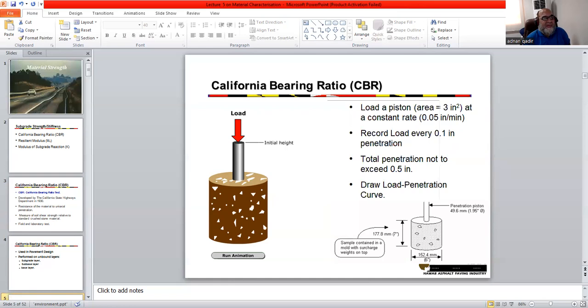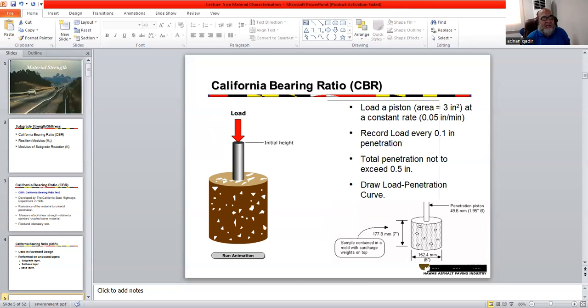Once the sample is prepared in a cylinder, we load a piston at a constant rate. That piston is the external load applied on the prepared soil sample. We record the resistance in terms of the load at every 0.1 inch penetration.